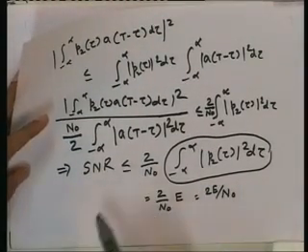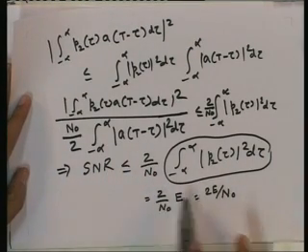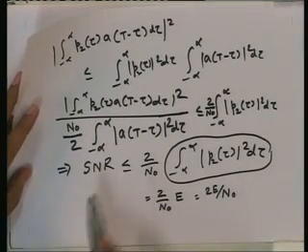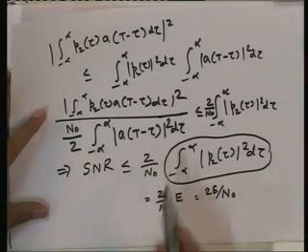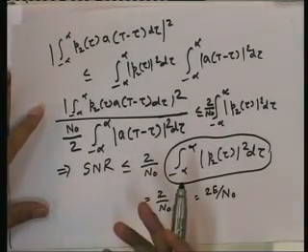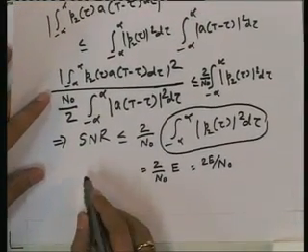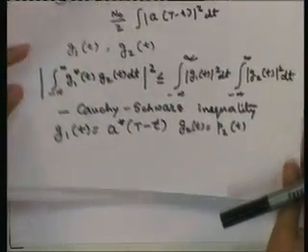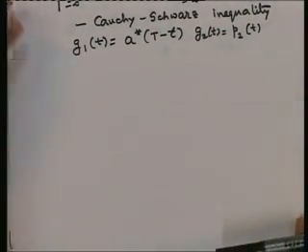Now when will this be equality? If this is equality, that is the maximum SNR. If it is possible to get equality, then that is the maximum value we can have. So when will this be equality? That is given again by Cauchy-Schwarz inequality, as we said. So what is the condition? G1(t) and G2(t) should be just constant multiples of each other. G1(t) was, if you remember, A star (T minus t), and G2(t) is P2(t).